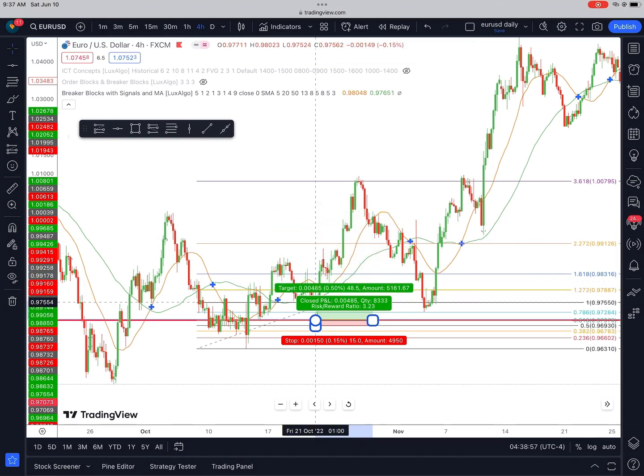Now again, no strategy is 100%, and every strategy will definitely lose money, which is why we always manage our trades, do risk management and have our stop loss. I like the stop loss tight because it gives me a big risk to reward ratio, and most of the time it works, and I pass my challenge in no time.